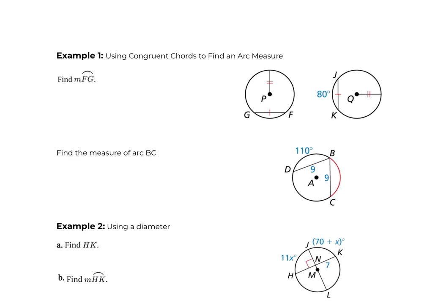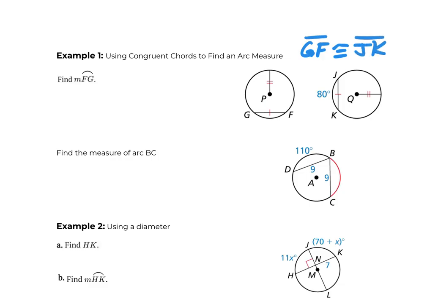it says, or it has it marked, that GF and JK are congruent. Okay, so we know segment GF is congruent to segment JK.